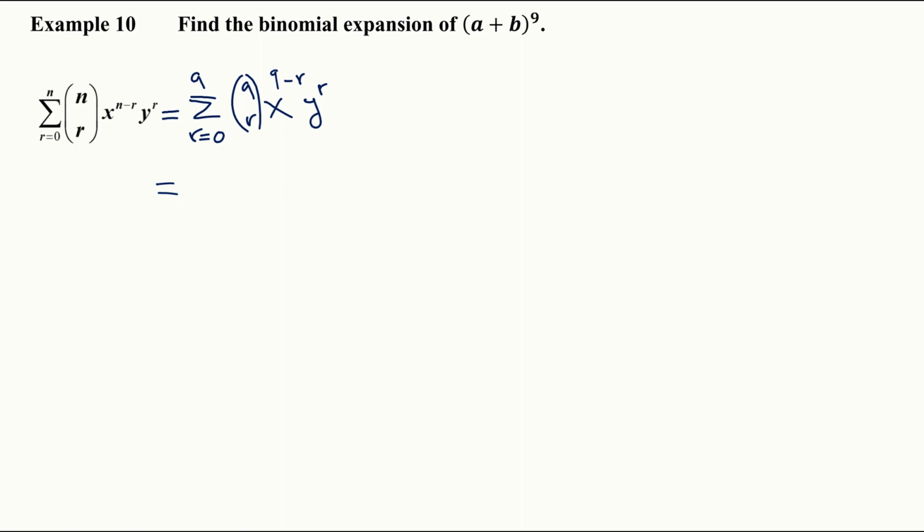Write all the 9 terms in the sum, okay? It's a summation. All right, so starting with r equals 0, right? So we get 9 choose 0, x to the 9 minus 0, y to the 0, right? Plus, the next one will be 9 choose 1, x to the 9 minus 1, y to the 1.